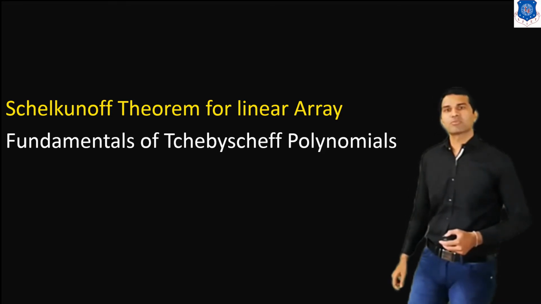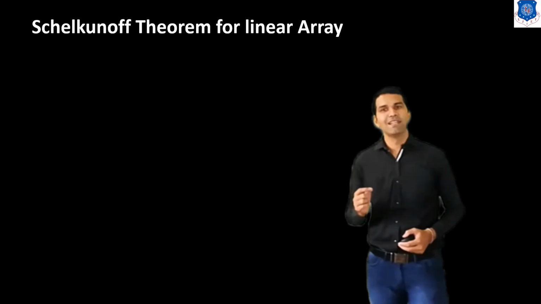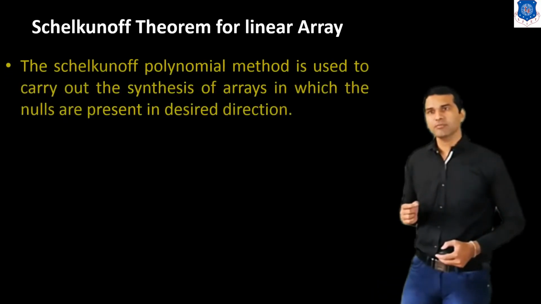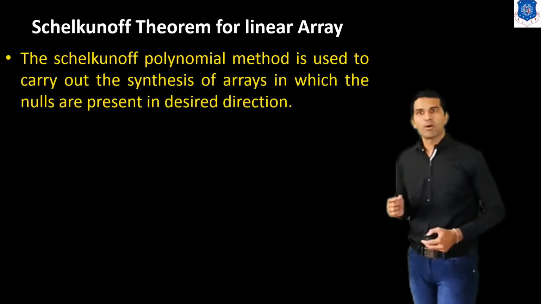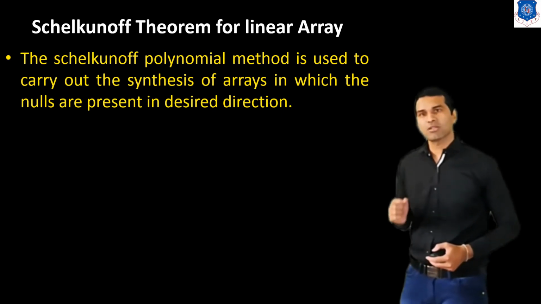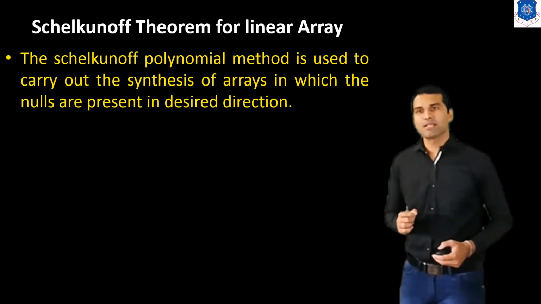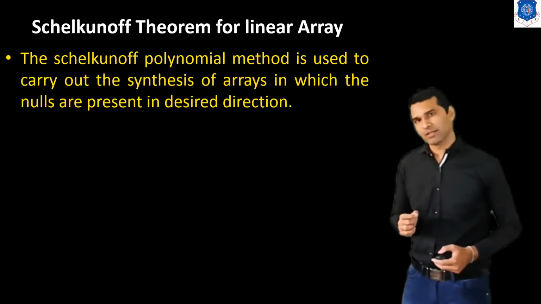So first we start with the Schelkunoff theorem for linear array. The Schelkunoff polynomial method is used to carry out the synthesis of an array in which the nulls are present in desired directions.